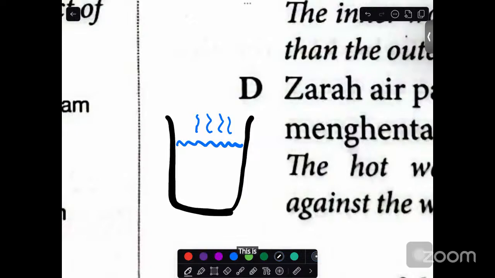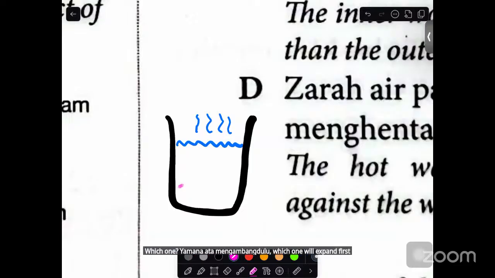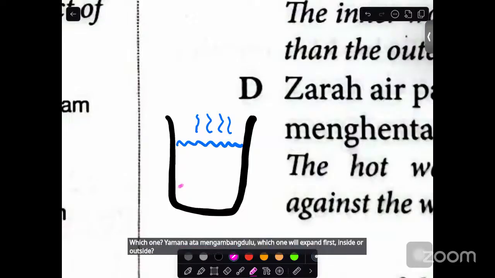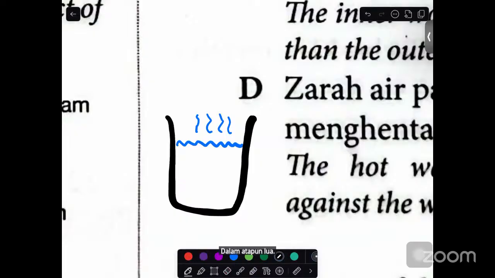This is the outside part of the glass. And ini dekat sini adalah bahagian dalam. So, yang mana akan mengembang? Which one will expand first? Inside or outside? Dalam ataupun luar? Yang mana akan mengembang?